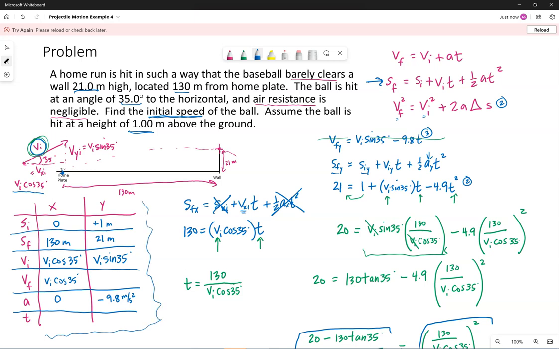Like V initial, even though we didn't know the value of V initial, we wanted to write out the x component and y components in terms of V initial and then sine and cosine of the angle. By doing that, we have them both in terms of V initial, meaning the same overall initial speed. So that makes it just one unknown there when we throw in the angle.